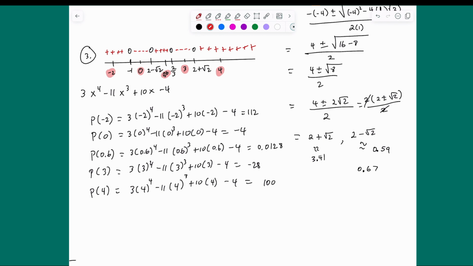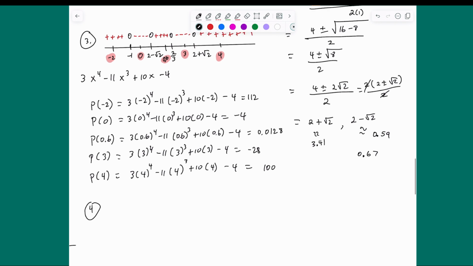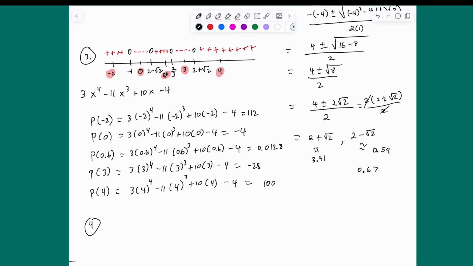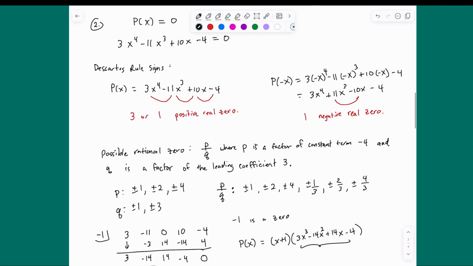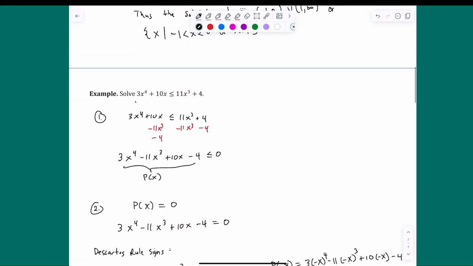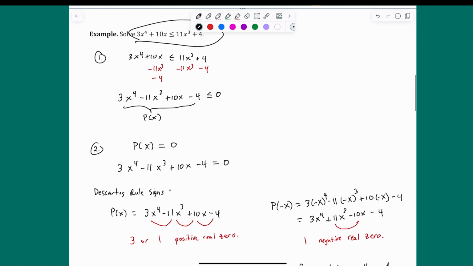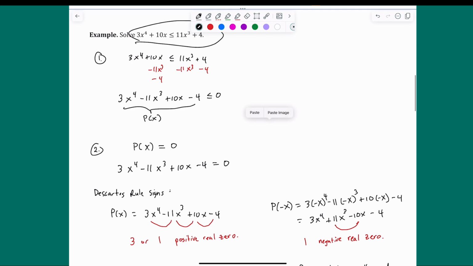Okay, so step 4 is to interpret our table and write the solution set. I'm going to use interval notation. We're interested in solving the inequality where, way back up here, this is equivalent to this here. We were looking for less than or equal to 0.